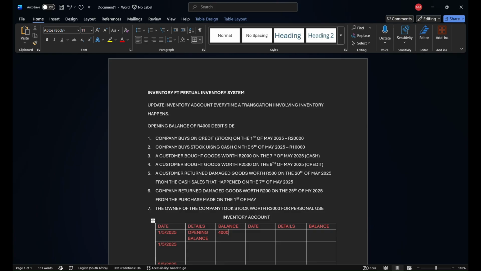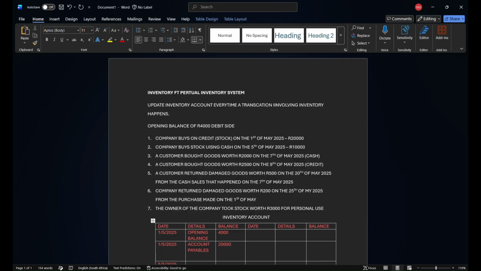Liability increases on the credit side, but because we're dealing with the inventory account, we're going to focus on inventory. So when the company buys stock, inventory goes up, so we record this on the debit side of the inventory account. Under details, you're going to have account payables, and then under balance, 20,000 rand.